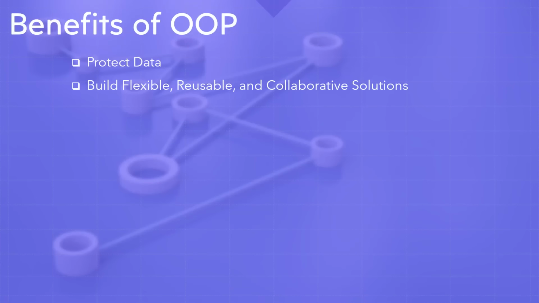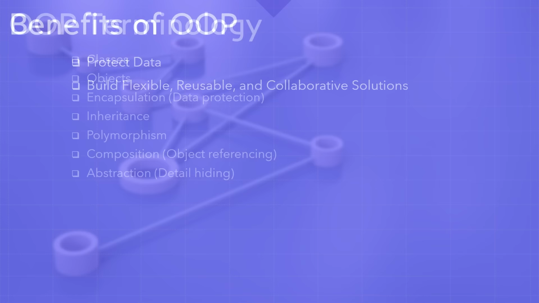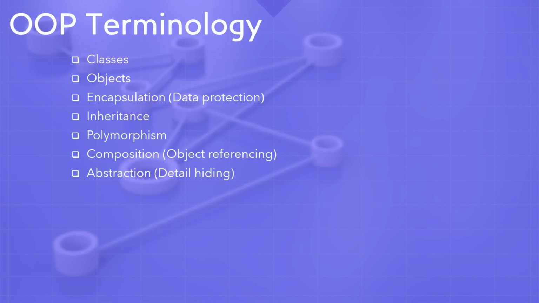Benefits of object-oriented programming are it protects your software as data, and you can use it to build flexible, reusable, and collaborative solutions for your software. Some terms for object-oriented programming are classes, objects, encapsulation, inheritance, polymorphism, composition, and abstraction.